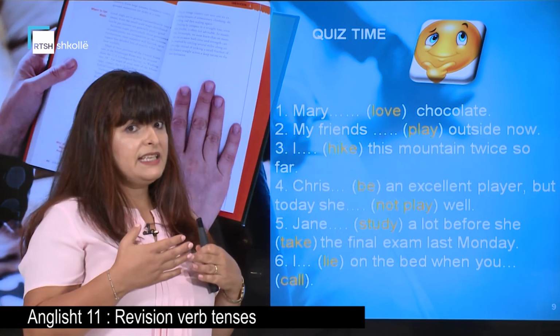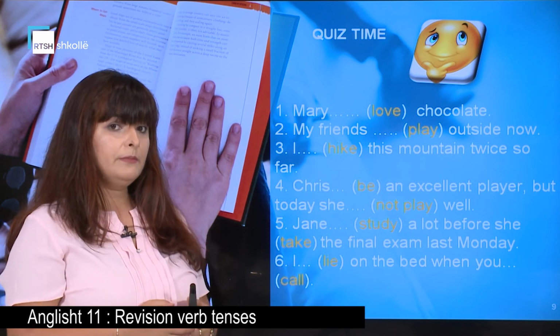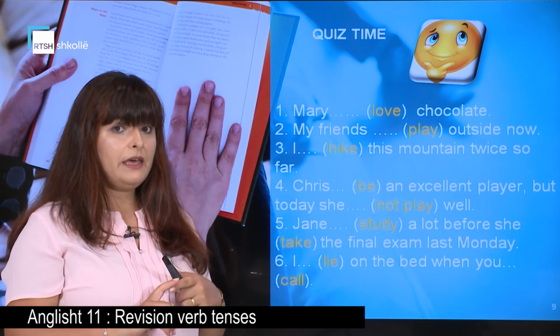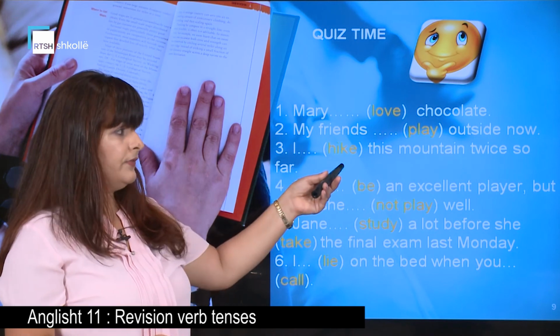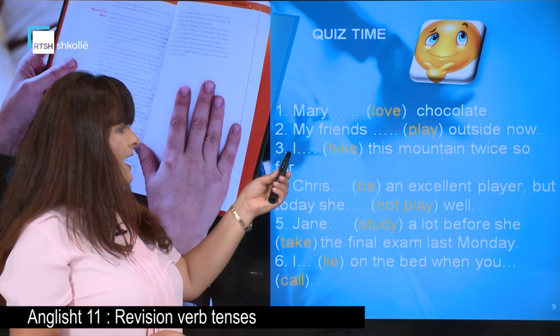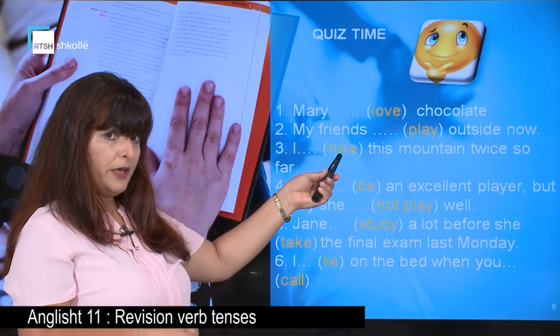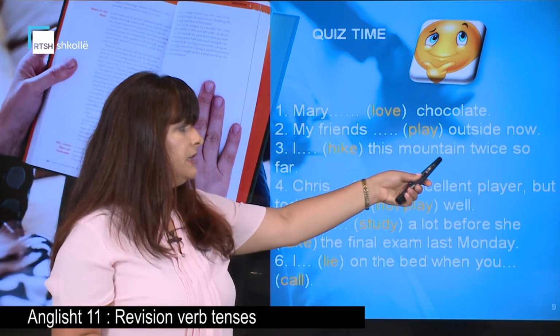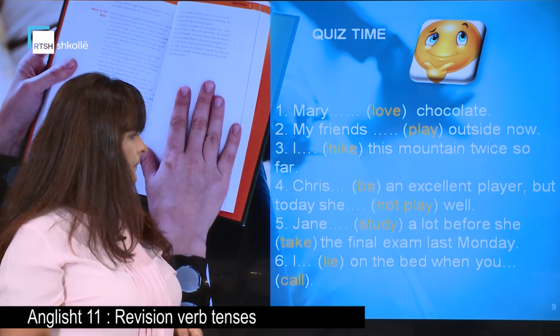So we have experiences and the period of time, which combined together require us to use the present perfect. And that is, I have hiked, regular verb, this mountain twice so far, or up to now.